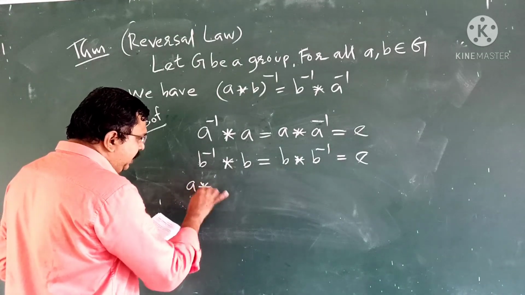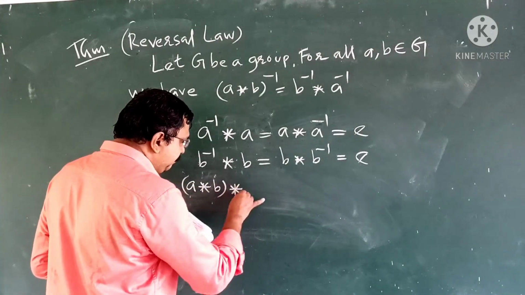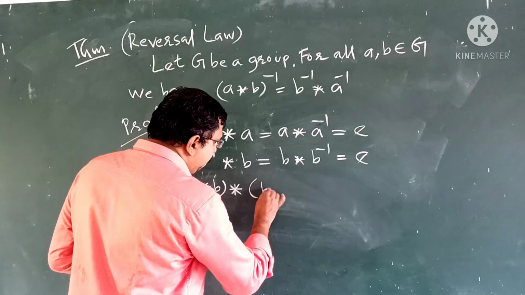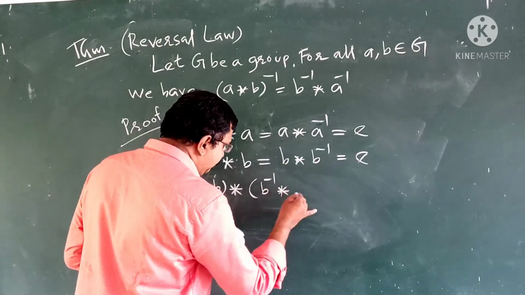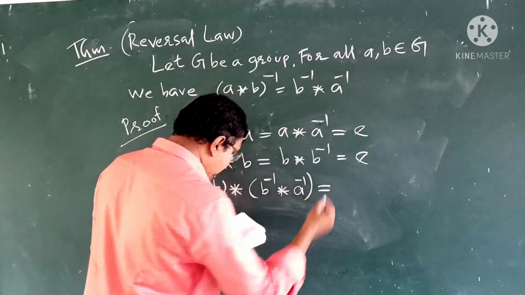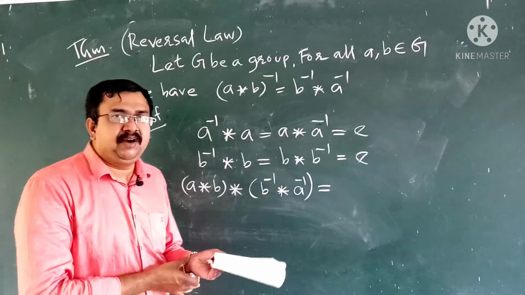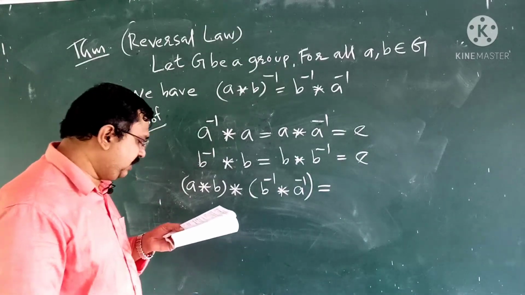A star B star B inverse star A inverse, which is equal to, now we are applying G1, first axiom, that is associative axiom.